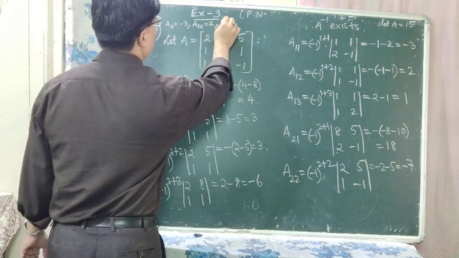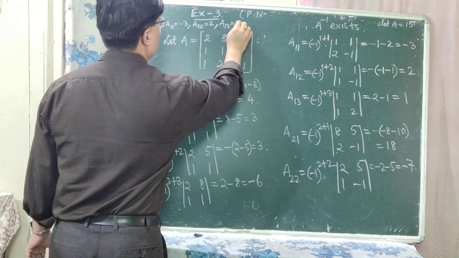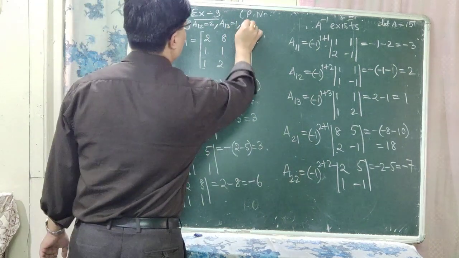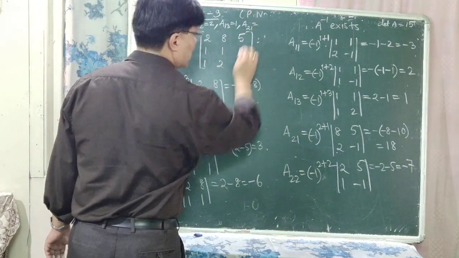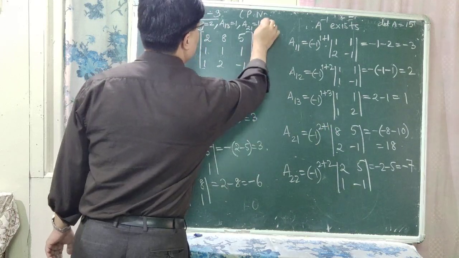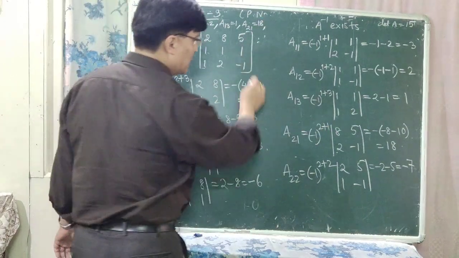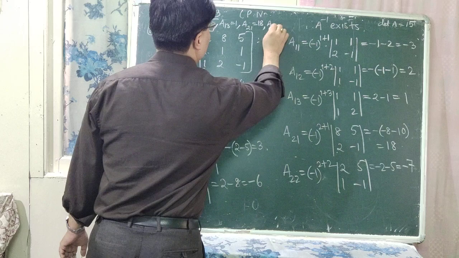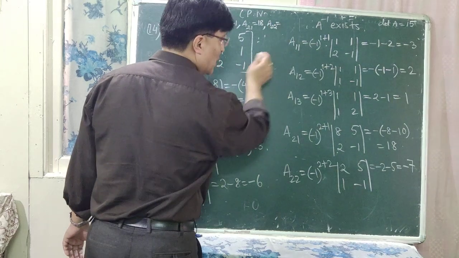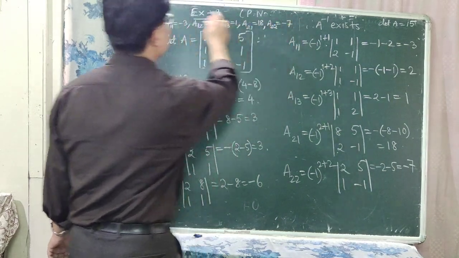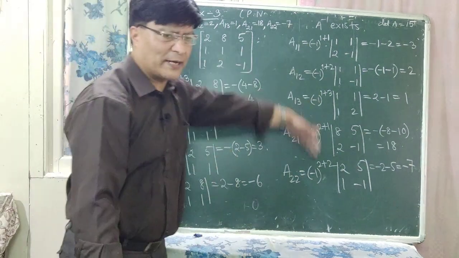A13 is 1. What is A21? A21 is 18, right? And A22 is equal to minus 7. I am writing here because I will drop this part.